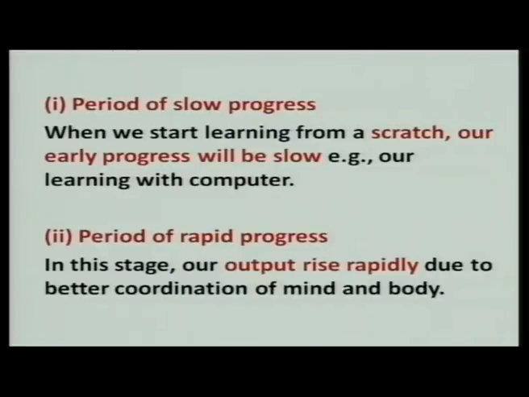Any example you can take, but here I am taking the example of computer. Now after some time there will be a period of rapid progress. In that stage there may be better coordination of your mind and body, which was not there at the initial stage. So there will be rapid progress, the second stage.